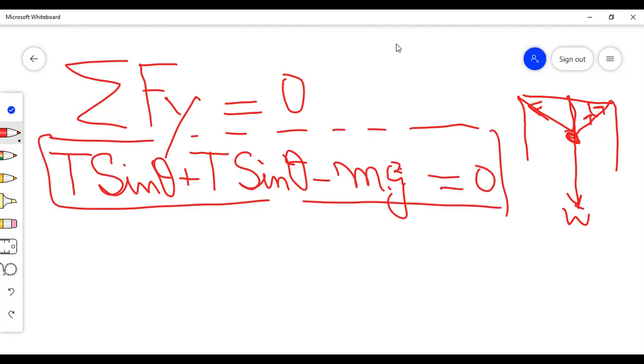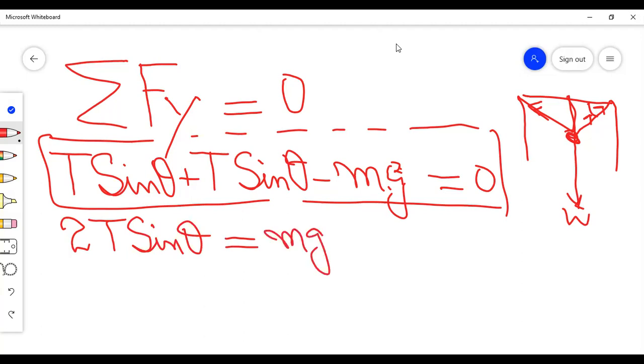So this is what we can say: 2T, because both are the same, and the sine of the angle theta is equal to the weight of the bag, that is mg. M is given, g is 9.8.